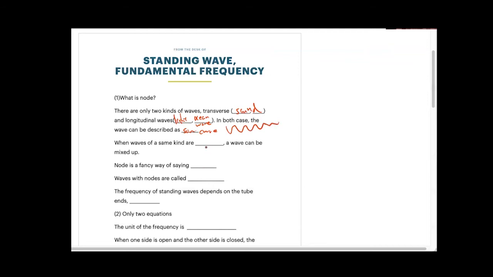So this is all you need to remember. And when waves of the same kind are overlapped, overlap is the important keyword here. A wave can be mixed up. So this is important to understand what the standing wave is.